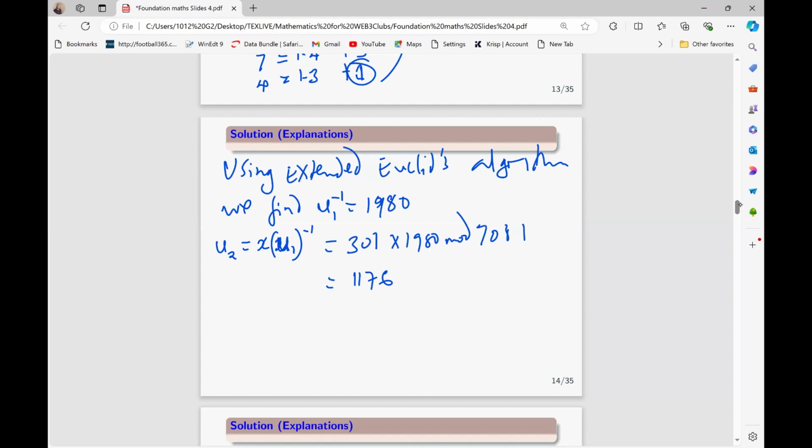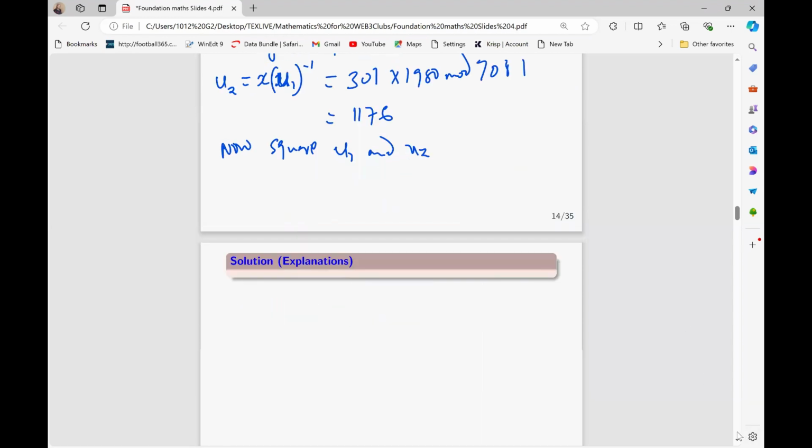After finding U2, now square U1 and U2 and call their squares x1 and x2 respectively. So what is x1?